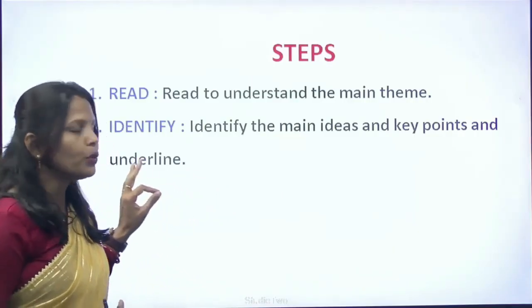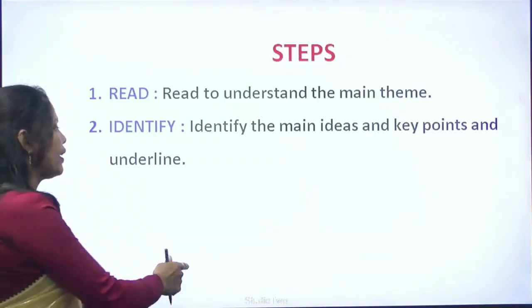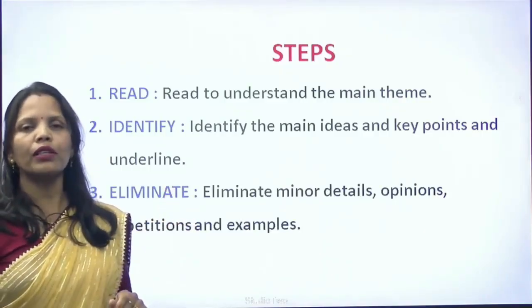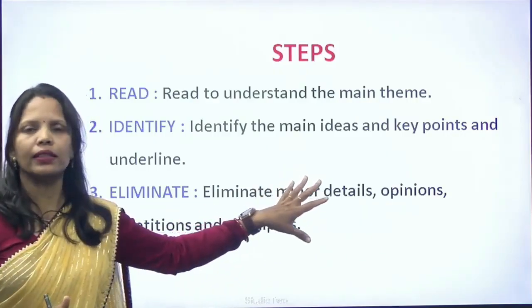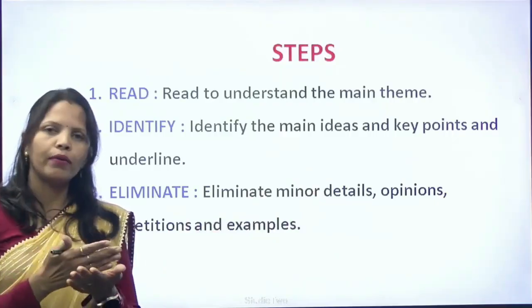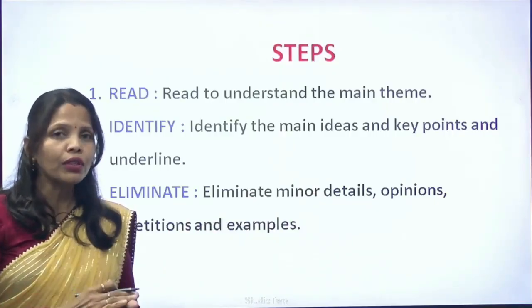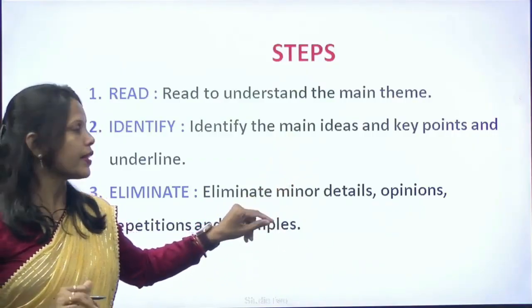Okay, first reading, then identifying, and then thereafter eliminate. What you have to eliminate? What you have to omit? Just eliminate the minor details. First of all you find the key points, main ideas, main points. After that, eliminate all your minor details which are not necessary.